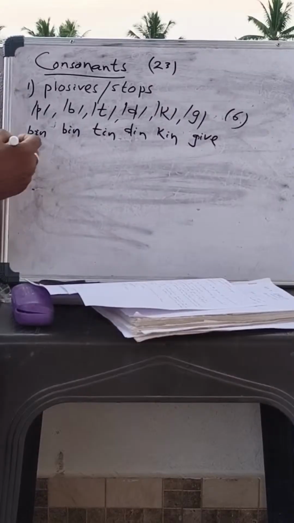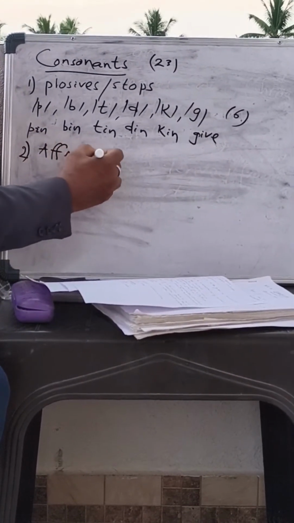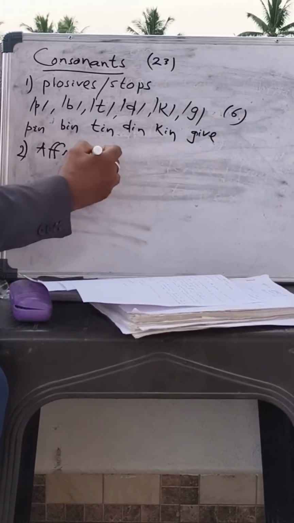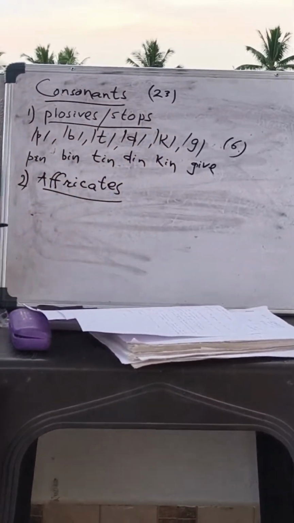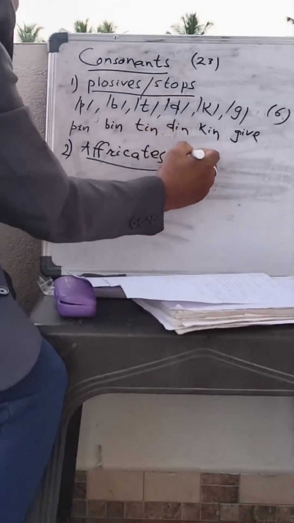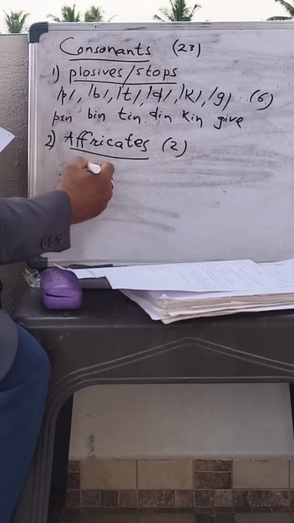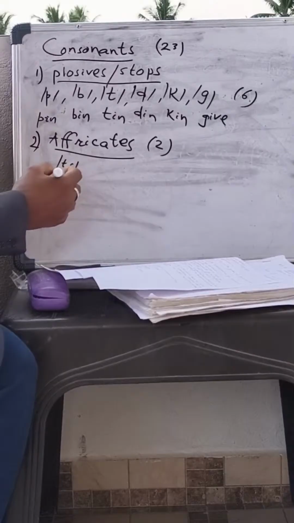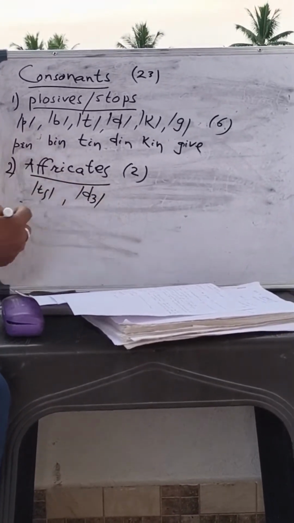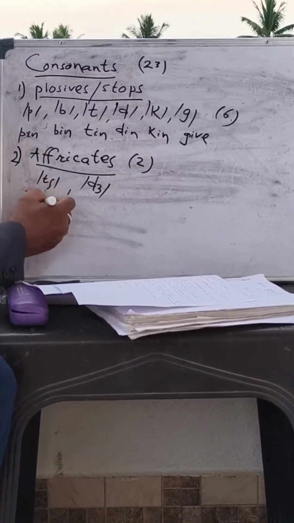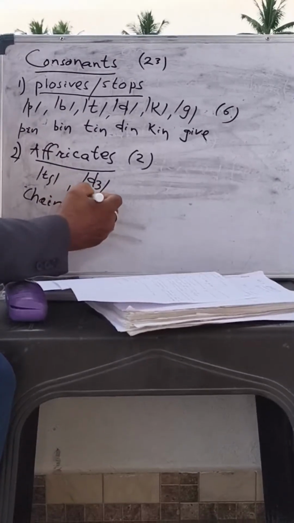Number two is affricates. There are two in number: ch, as in chain, and j, as in jane.